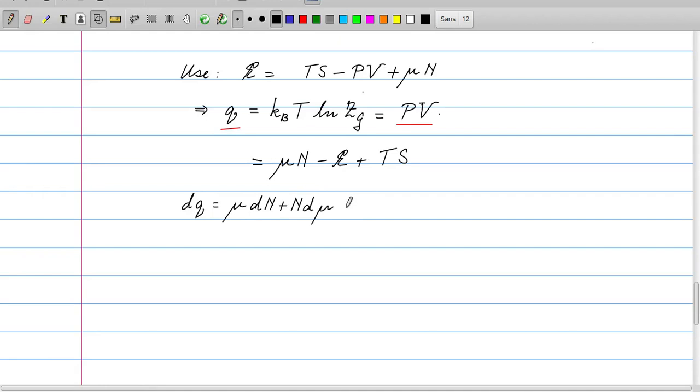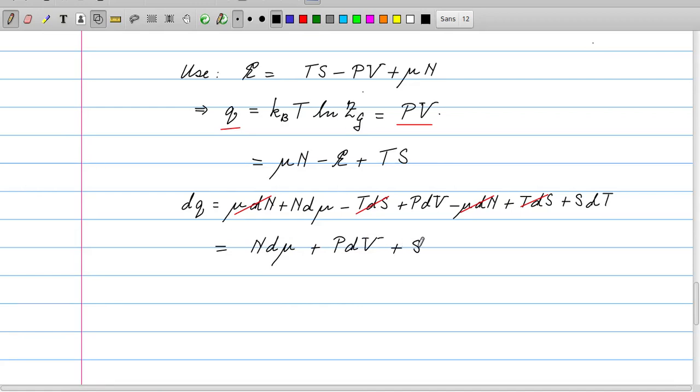For the energy we use the first law, so that gives us minus T dS plus P dV minus mu dN, and then we have plus T dS plus S dT, and in view of the fact that we have now plenty of cancellations, like this term cancelling against that term, and this term cancelling against that one, we are left with N d mu plus P dV plus S dT.